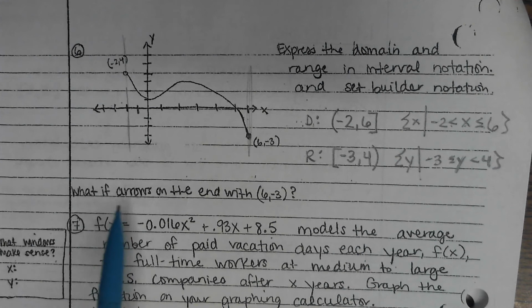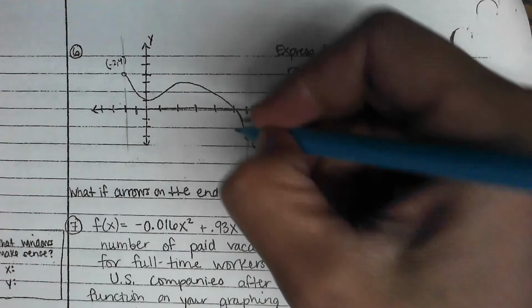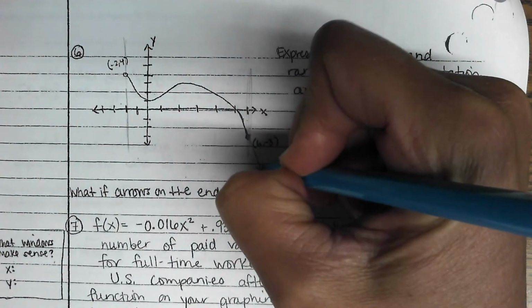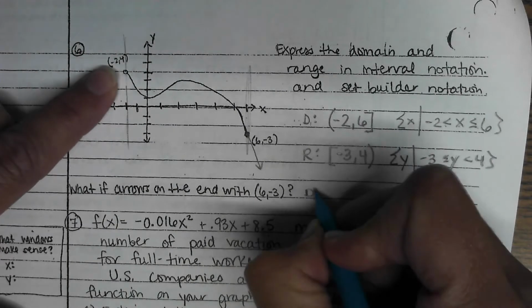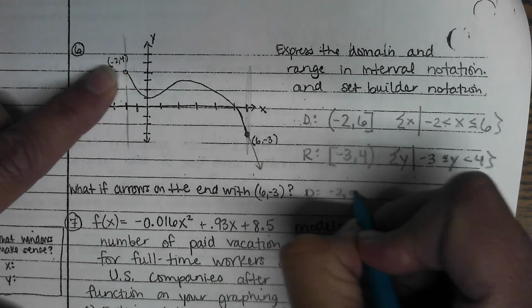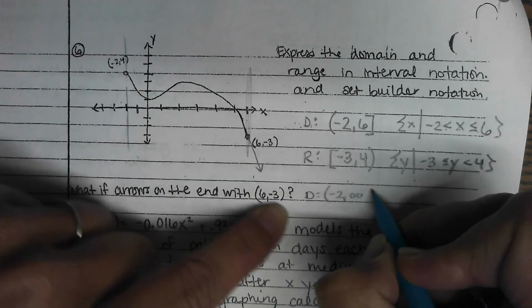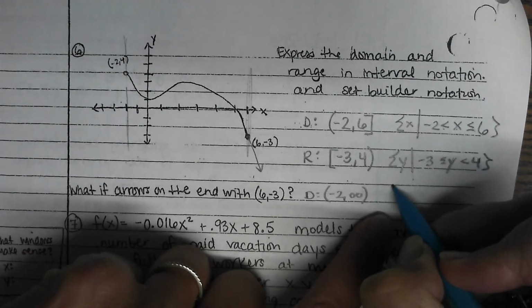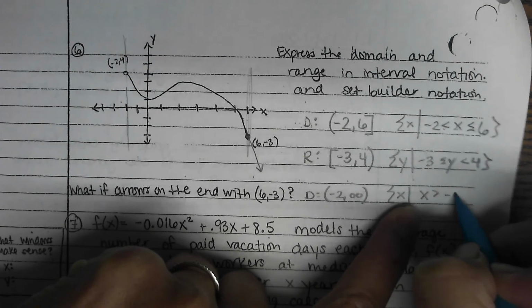And then I asked this question, what if there were arrows on the end with the 6, negative 3? So if that were to continue further, your domain would be from negative 2 to infinity, still not including negative 2, but going to the right forever and ever. Set builder notation would be the set of all x's such that x is greater than negative 2.